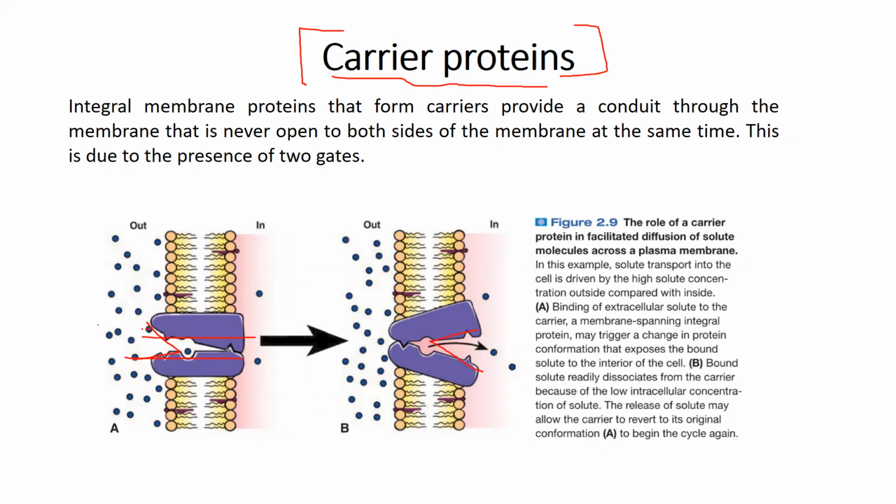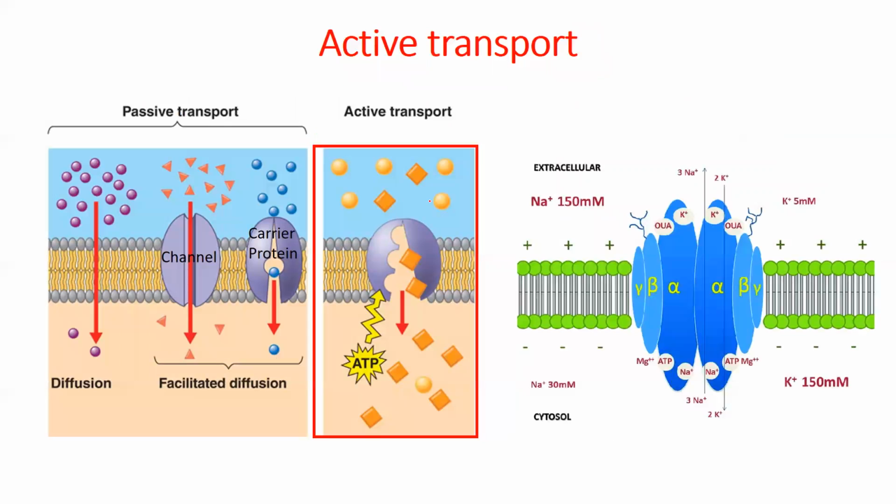So when the molecule is bound to them, this usually causes a conformational change, which will, as you can see here, open and allow the molecule to enter into the cell. An example of a molecule that is transported this way is glucose, okay? So glucose is transported by glucose transporters, which are a form of carrier-mediated proteins, okay? Any questions so far?